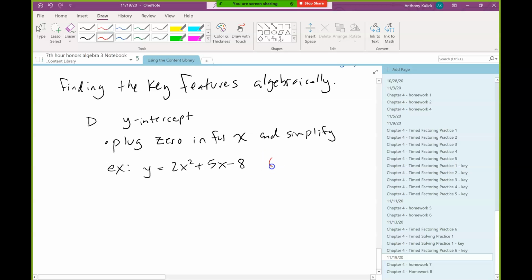In this example, we recognize a standard form. To find the y-intercept, all I'm going to do is plug 0 in for the x's and simplify. So 0 squared is 0, 2 times 0 is 0, plus 5 times 0, which is 0, 0 plus 0 is 0, and 0 minus 8 is negative 8. So the y-intercept is the point 0, negative 8, because we plug 0 in for x and the y is negative 8.